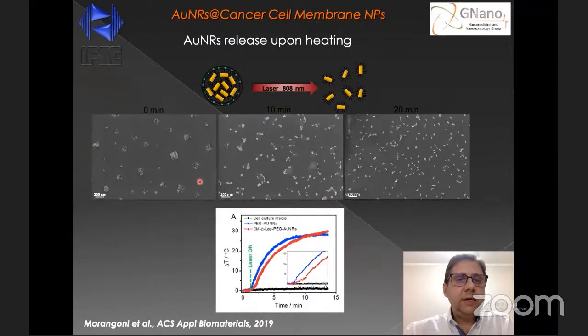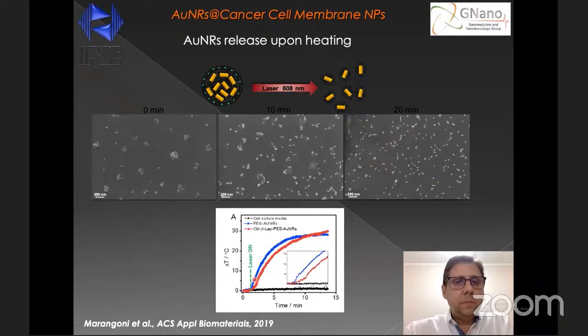As we can see here, upon irradiation with a laser line at 808 nanometers of wavelength, after 10 minutes the nanocapsules started to destabilize, releasing all the nanorods inside the cells within 20 minutes.